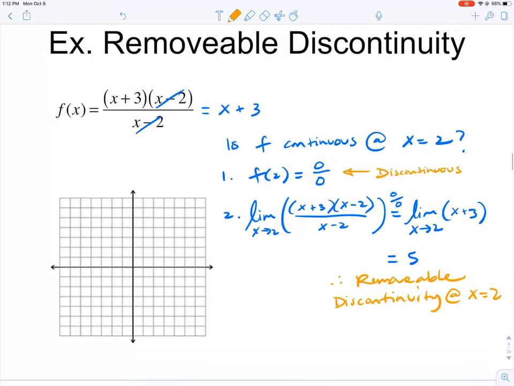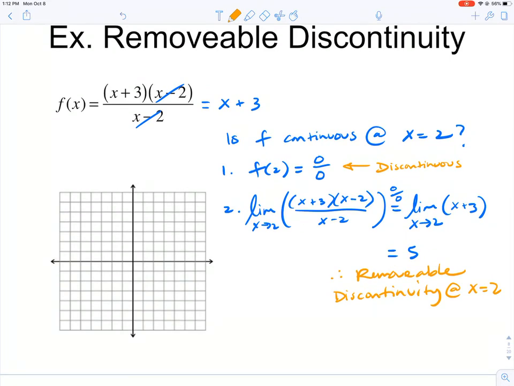I know Mr. Amnath prefers the term removable discontinuity over hole, but we know from our pre-calc knowledge that there is a hole at the point (2, and guess what? We'd want to fill in that y value with 5.